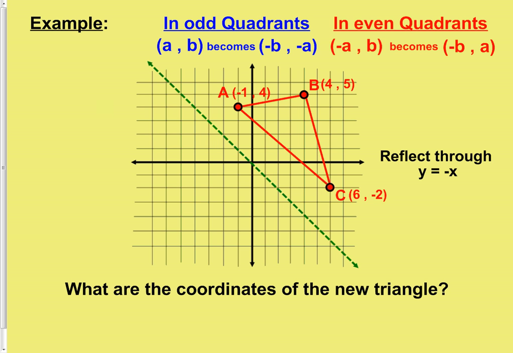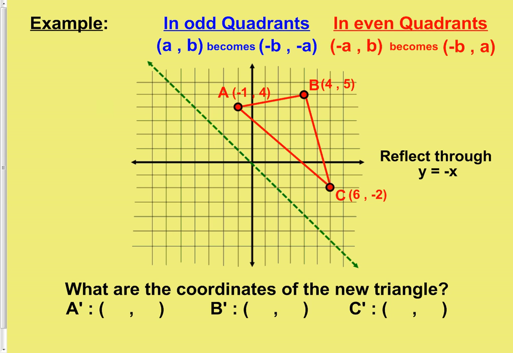Let's see if we can discover where the new coordinates are going to end up. Let's start off with A. A is in quadrant 2. That is an even numbered quadrant. So the rule is to switch the abscissa and the ordinate, but leave the signs where they were. So if A is at -1, 4, we're going to switch those values.